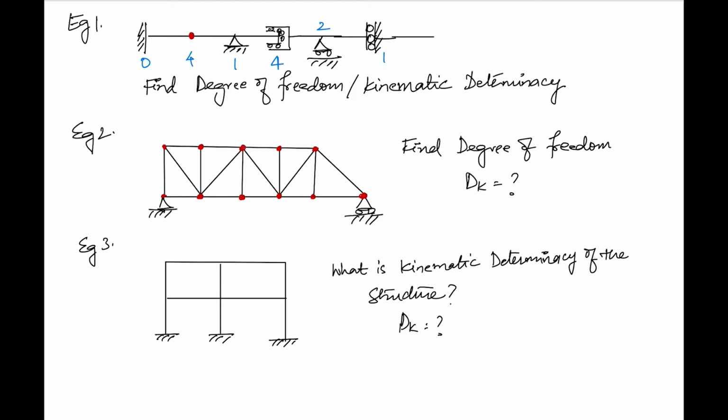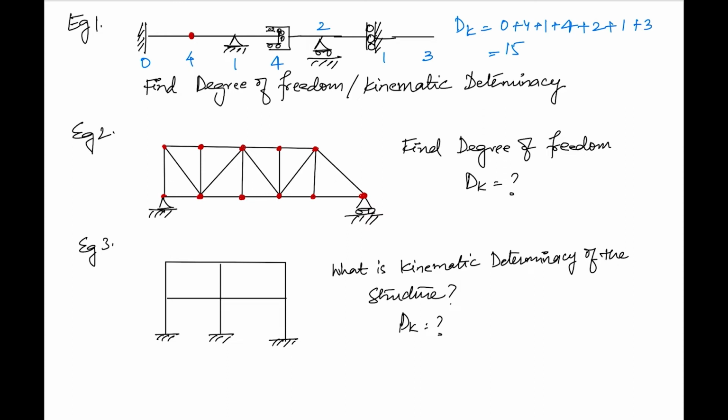And it is not complete, because the free end is still there. For this the degree of freedom is 3. So adding the degrees of freedom, we have 0 plus 4 plus 1 plus 4 plus 2 plus 1 plus 3. This comes out to be 15.